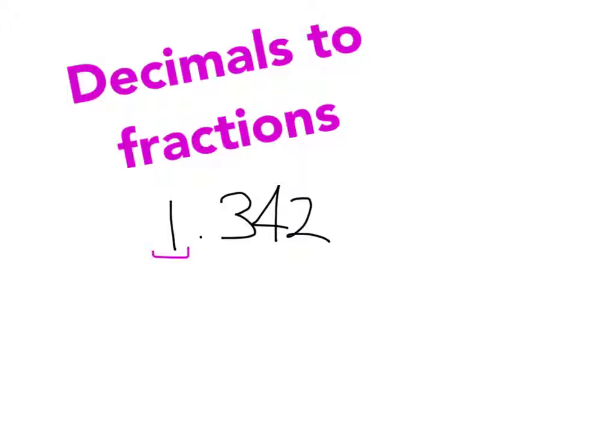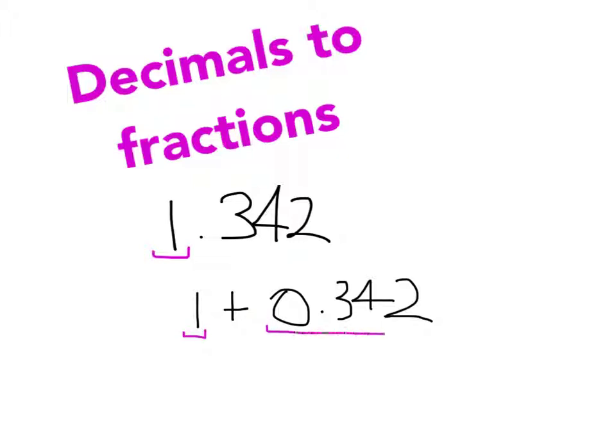So if there's a whole, I wonder how I'm going to write that. I wonder if I've looked at anything similar before. If you actually break the question down, guys, it's 1 plus 0.342. So I've got one whole, and then I've got this decimal of 0.342.